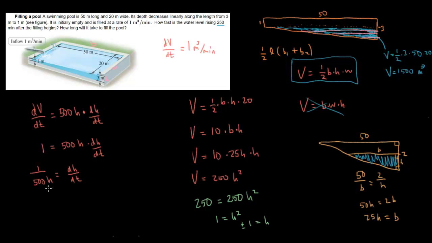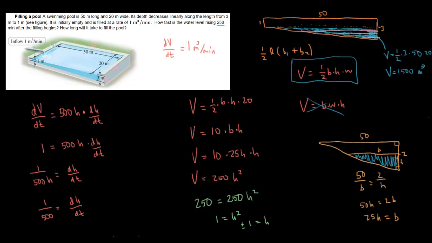So we plug in the height after 250 minutes. We've pumped in 250 cubic meters of water, and the height of the pool is 1 meter. And so we get 1 over 500 equals dH/dt.